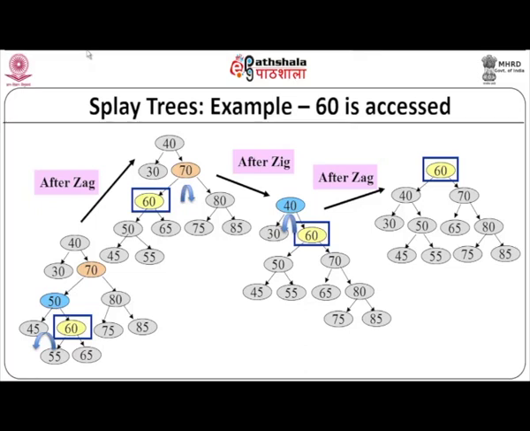Then after that operation, again you do a zig operation, and then you do a zag operation. So, what operations you do depends on where that 60 is. After you do the series of zag, zig and zag operations, you have 60 moved to the top, which is your aim. So, next time you access 60, it will be order of 1. That is the idea.